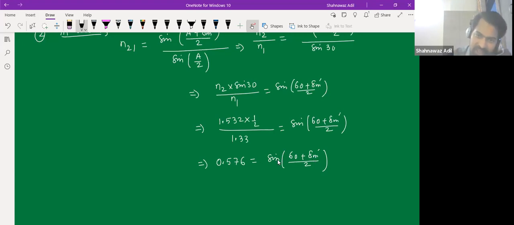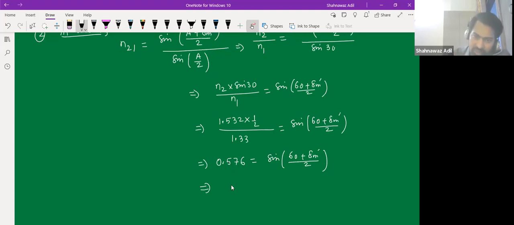I have to take this sine to the other side. That is how I simplify, right? If I take this sine to the left hand side, what would it be?